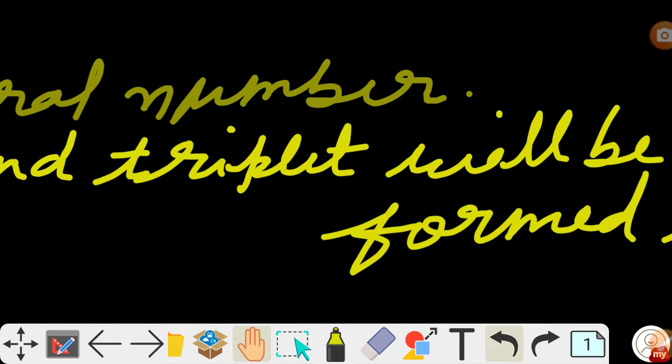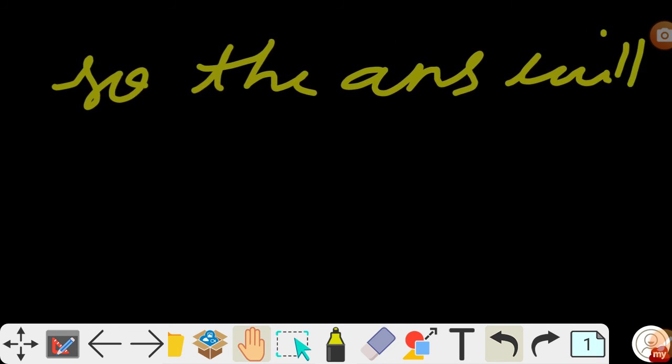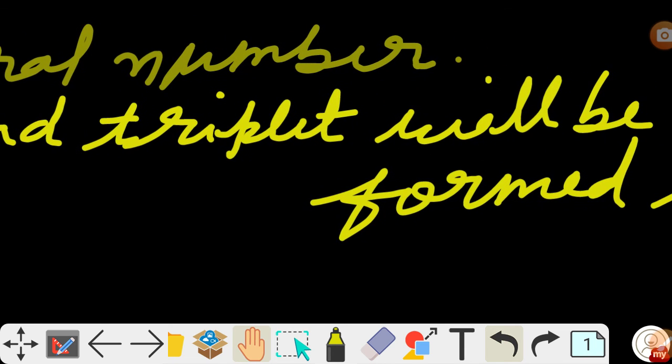So here we will try to solve this question by using the options. The answer will come in a natural number and a triplet will be formed only.